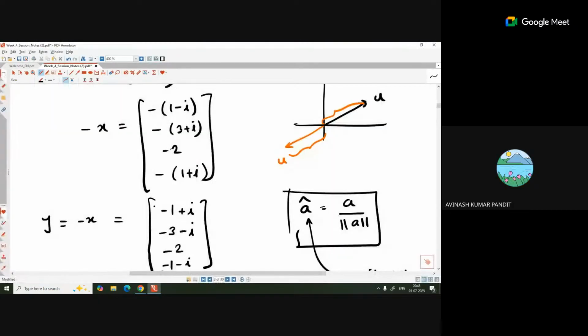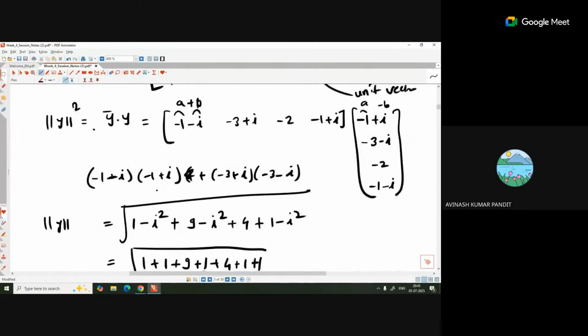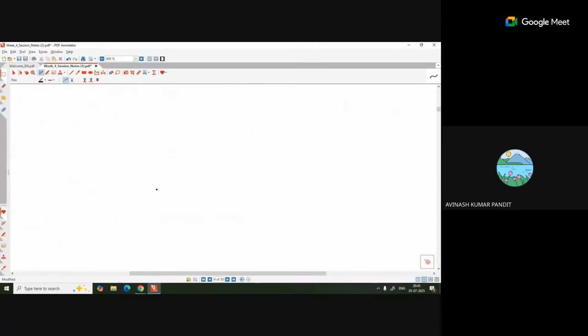For a Hermitian matrix, A conjugate transpose should be equal to A, right? The definition of Hermitian is that A should be equal to A star, where A star is A conjugate transpose.